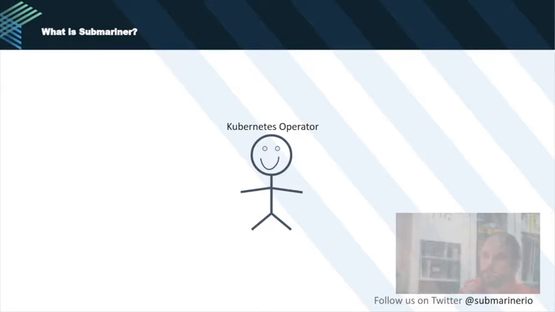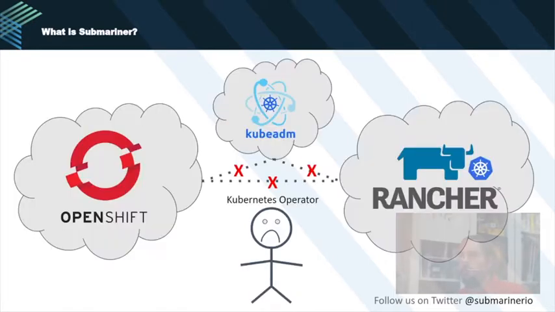So to start with, here we have a typical Kubernetes operator. He's very happy about it. Kubernetes is great. But then he has to manage multiple clusters. That's fine, but the connectivity between the clusters is not that easy, especially if you don't want to be exposing your traffic over the internet, opening ports, or creating public API endpoints for your applications.